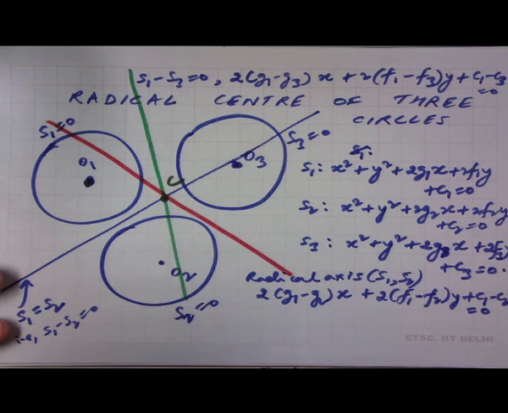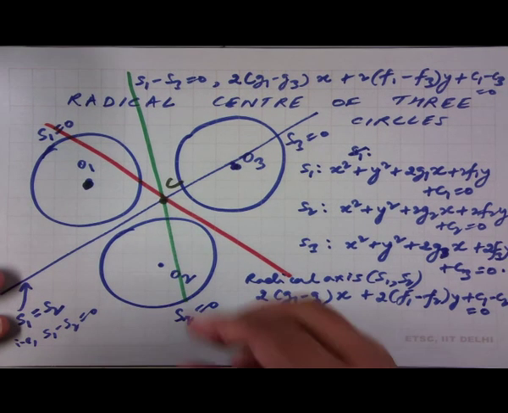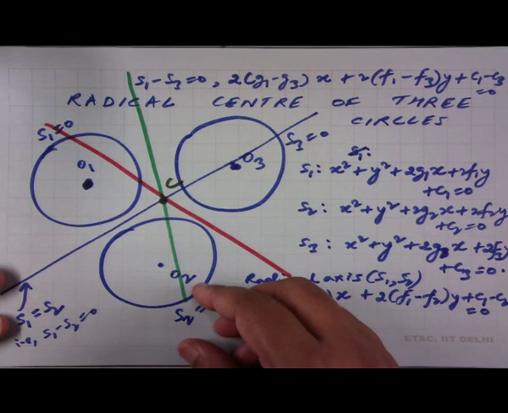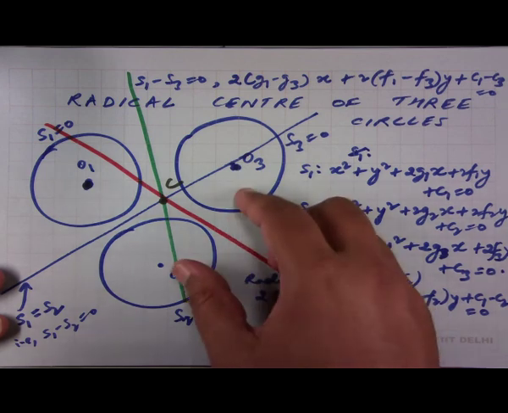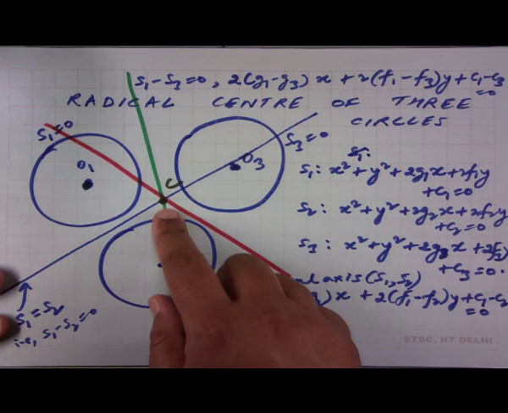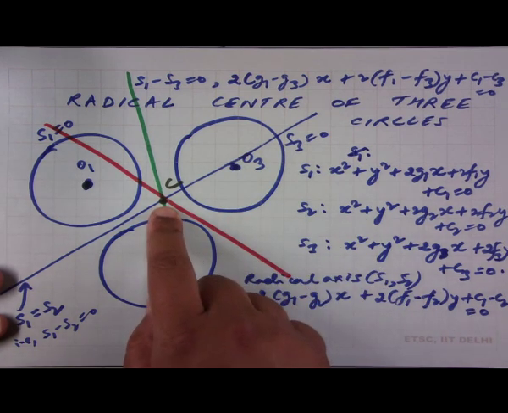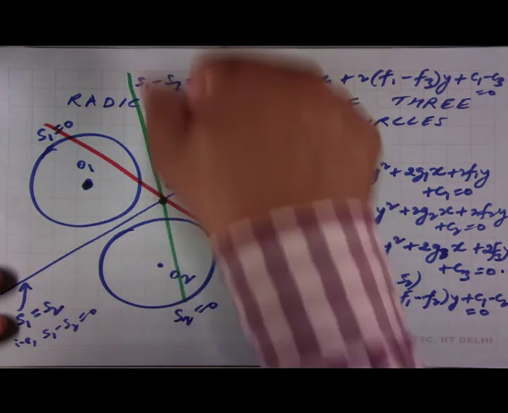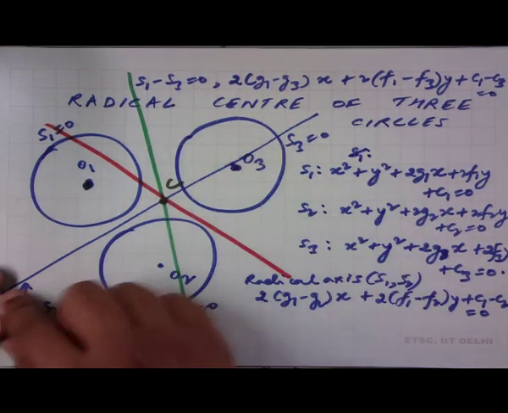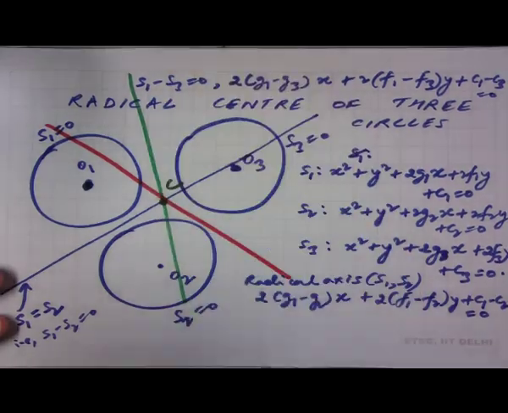But we need to first show that the radical axis between the second and the third circle will indeed pass through the point of intersection of the first two radical axes in blue and green.